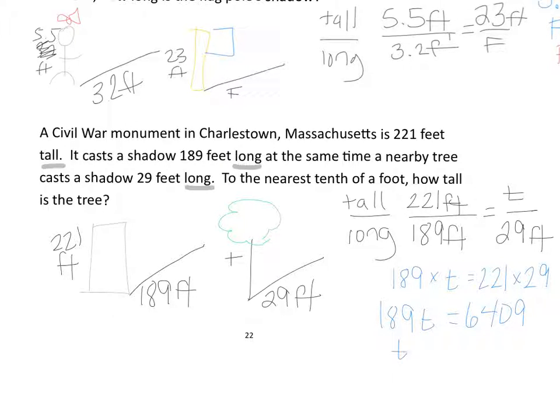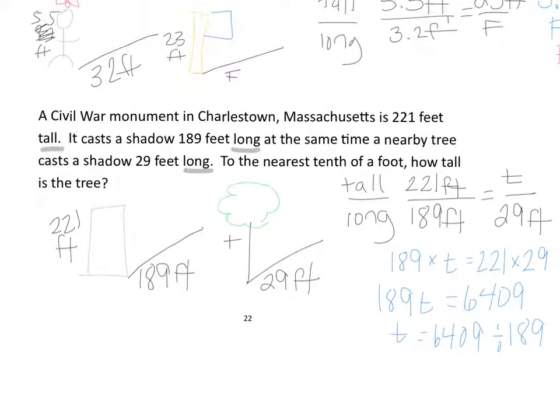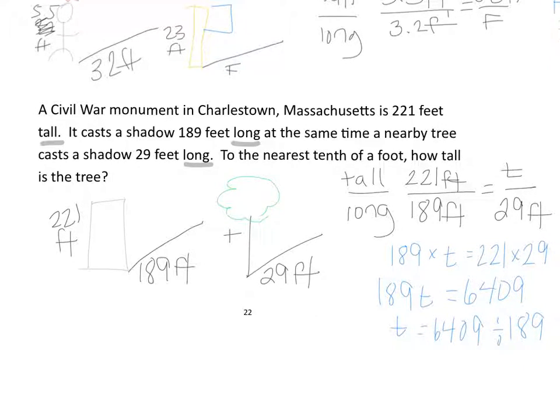To find T, we're going to divide 6,409 by 189. And we find out that the tree is about 33.9 feet. In every answer, I included units. And in every answer, I had to round to the nearest tenth because that's what I was told to do.